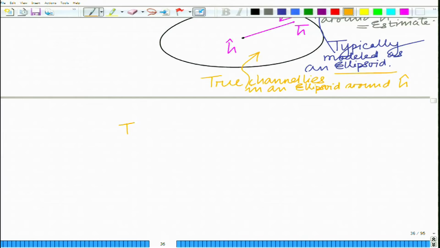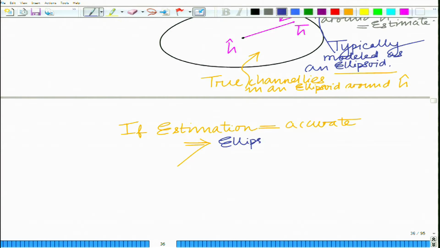Now, obviously, if the ellipsoid is large, that means the uncertainty region is large, which means the estimation error is high. If the estimation error is low, that is the estimation process is very good, then the ellipsoid will be suitably small. That is, you can localize h bar to a much smaller region around h hat. So, if estimation is accurate, the size of the ellipsoid is small.